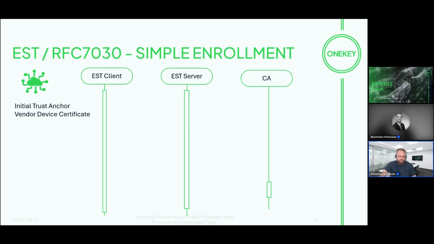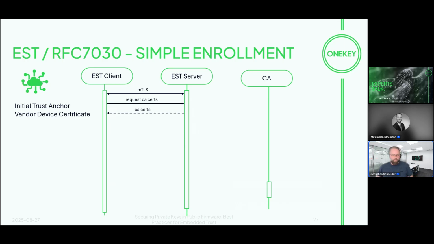And when the device is connected to this network for the first time, it will establish a mutual authenticated TLS connection to the server, which means that the server has to present a server certificate, but the client also has to authenticate itself with the vendor device certificate. If this works out, the device will send a request for an updated version of the CA certificates.